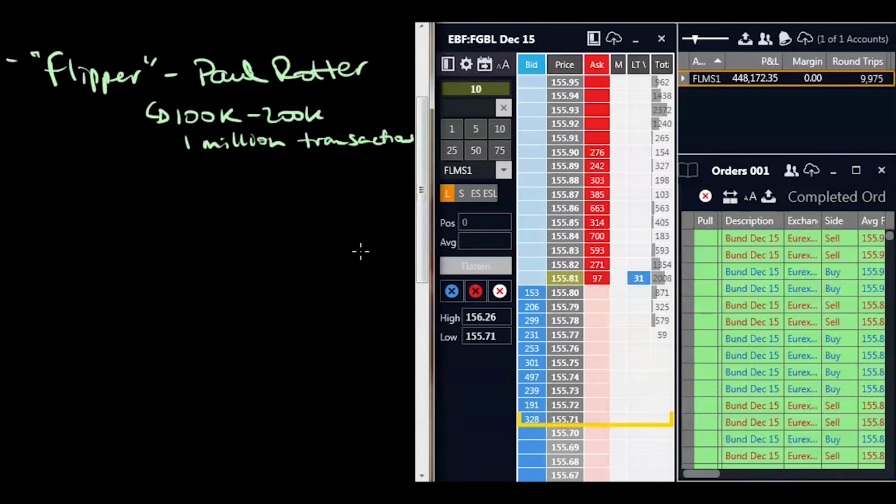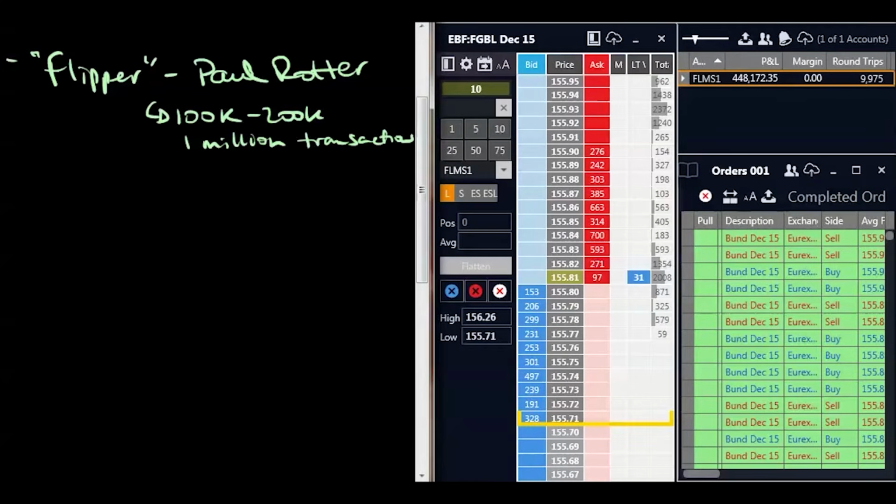He had a specific skill set in which he would spoof the market and look to make very, very small profits. He'd trick people into one direction and then take profit in the other direction. That's basically the premise of flipping.